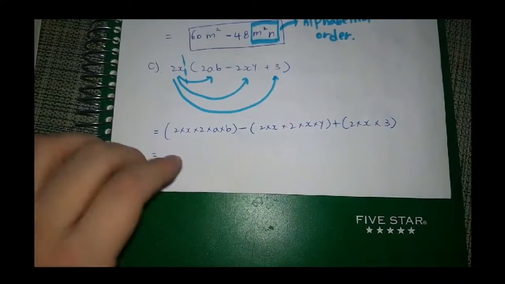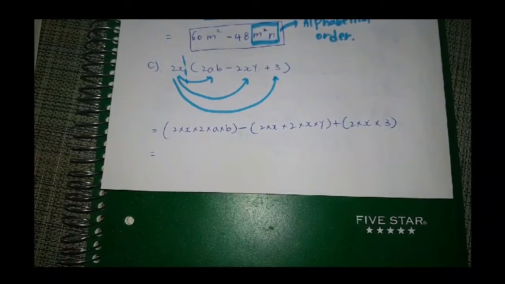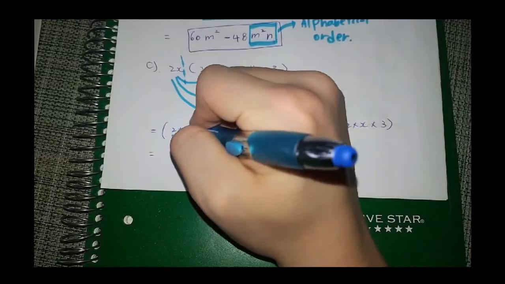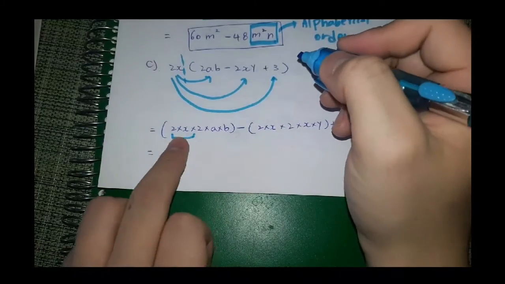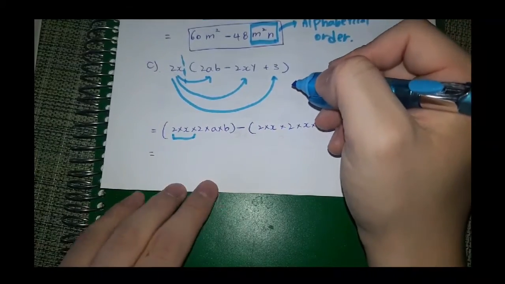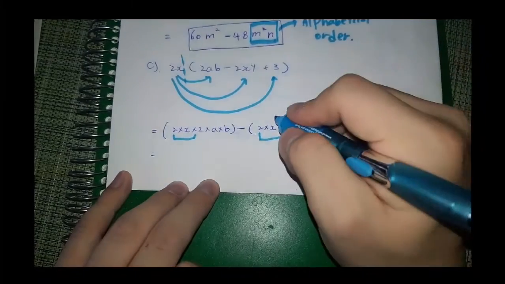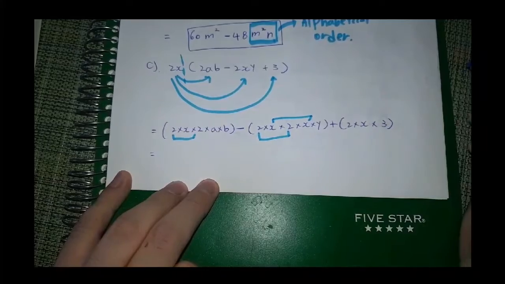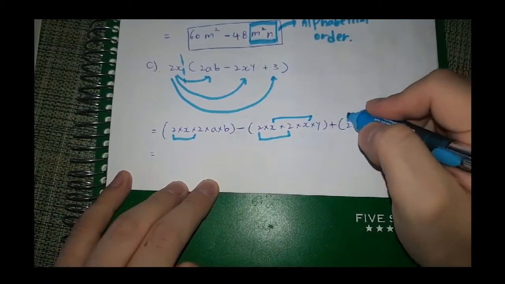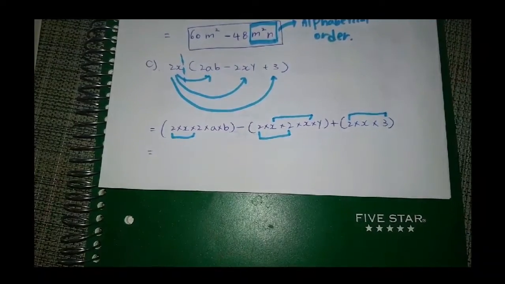I want you to figure out what pairs work or can be combined. 2 and 2. X, A, B, they're exactly different types of variable. 2 and 2, what do you know? X and X, and 2 and 3, x stays the same.